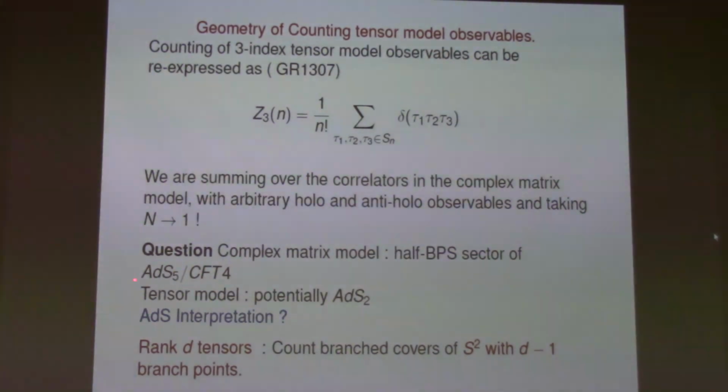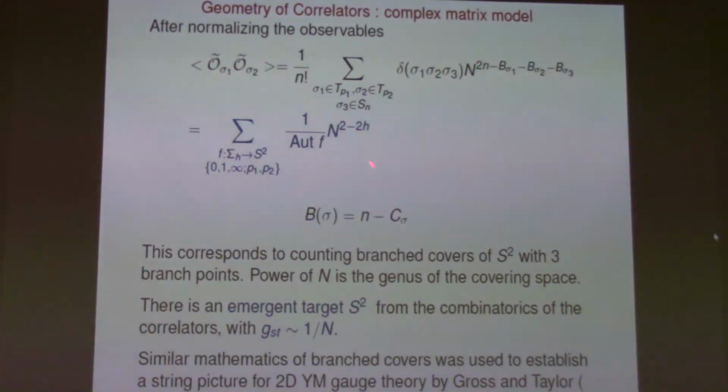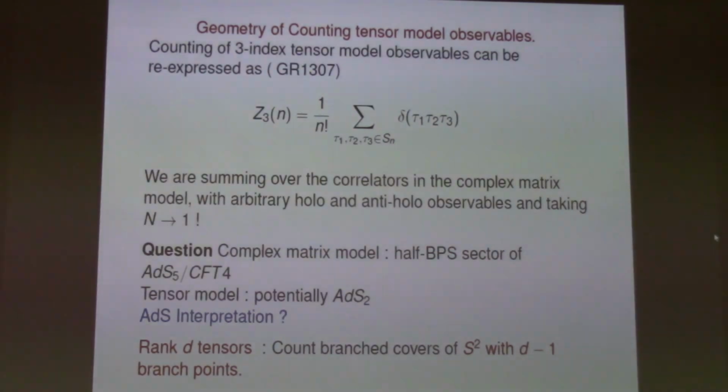So here's a question. To summarize this, if you sum over correlators in the complex matrix model with arbitrary holomorphic and anti-holomorphic observables and take the limit of n goes to 1, n goes to 1 was needed because you get powers of n here. Take that limit, you get the counting of observables in the complex 3-index tensor model. So here's a question: what is the interpretation in terms of dual space-time physics?